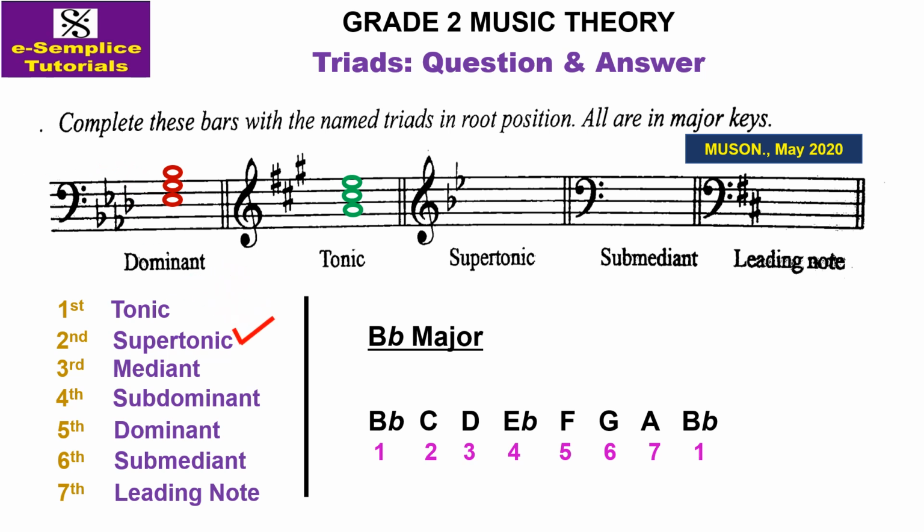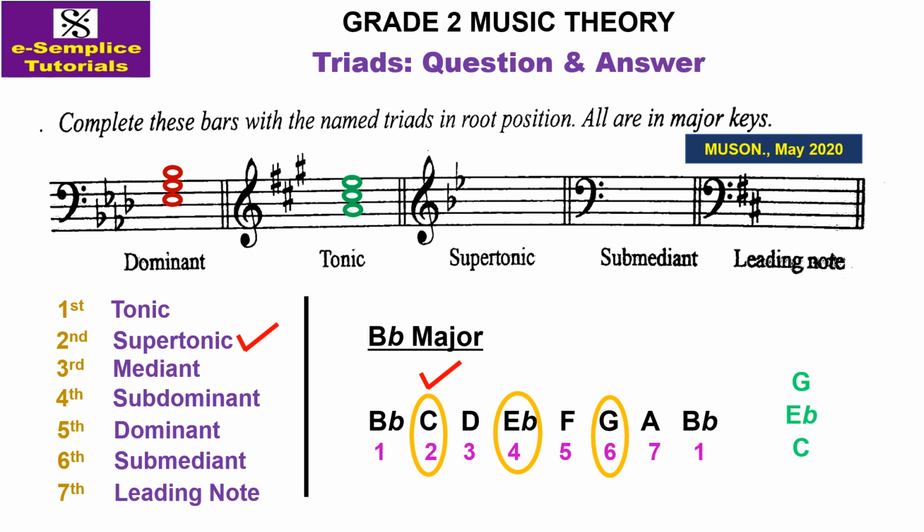We are looking for the supertonic triad, meaning it is the second degree that will be the root. So that's the root. A third above it, a fifth above it. You stack and you have C, E flat, and G.